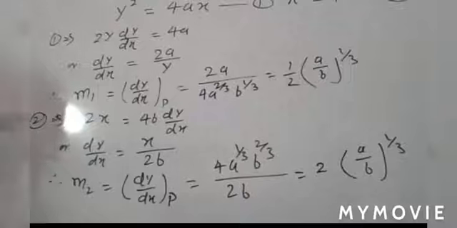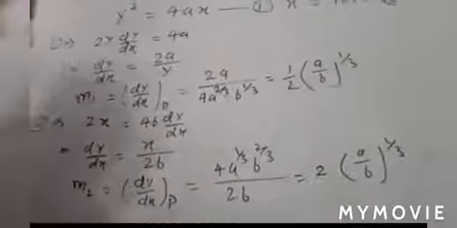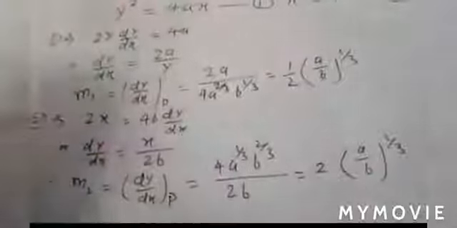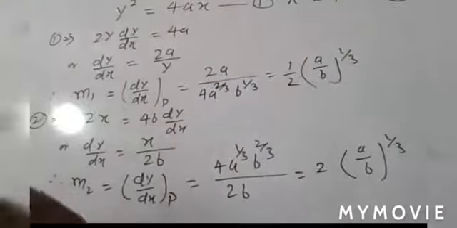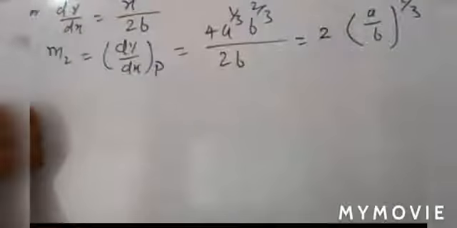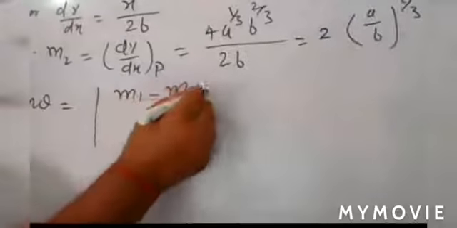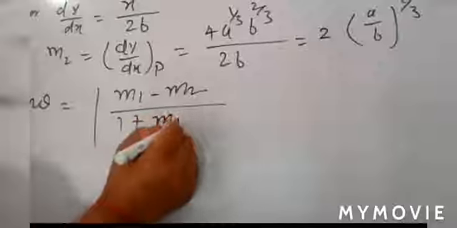Now applying your formula for tan theta. The value of tan theta is equal to mod of m1 minus m2 upon 1 plus m1 m2.